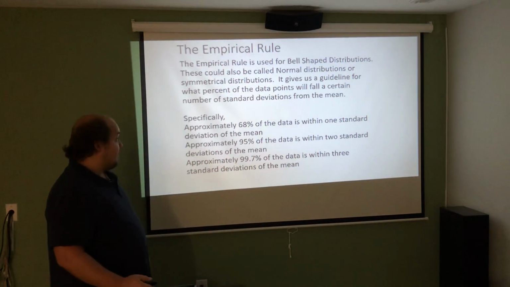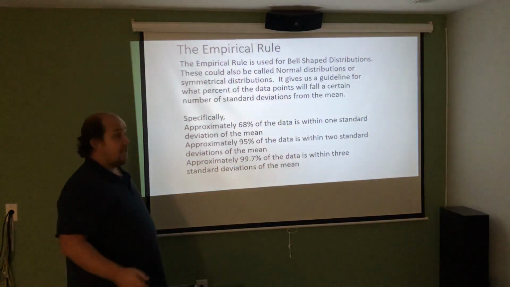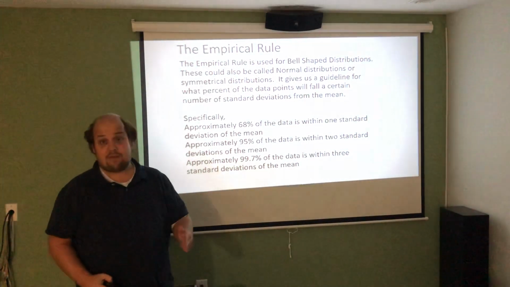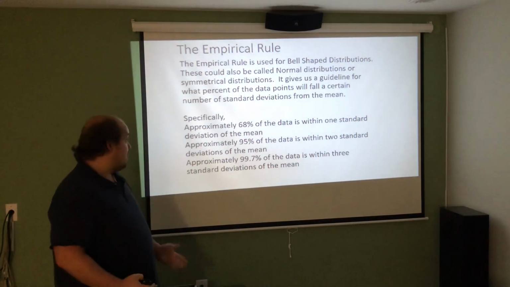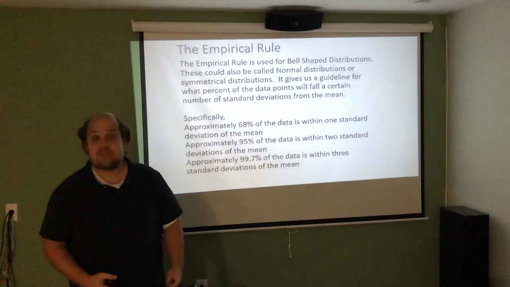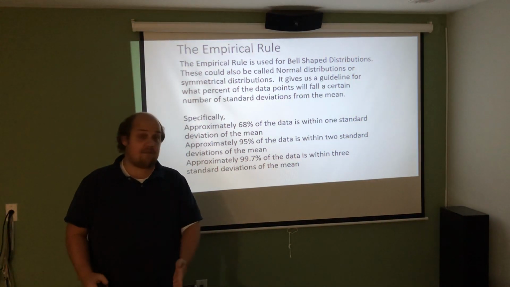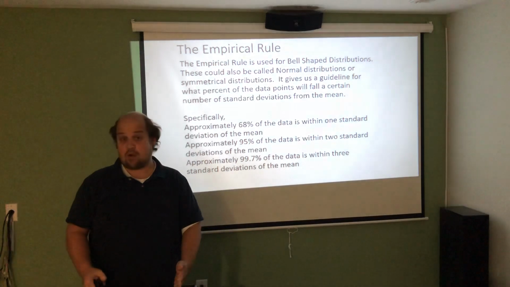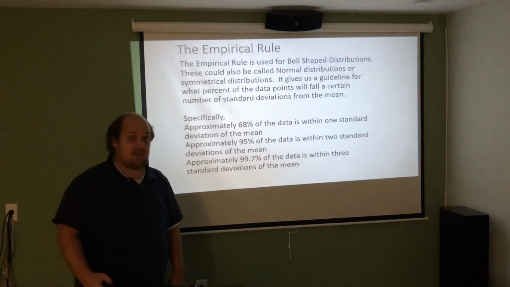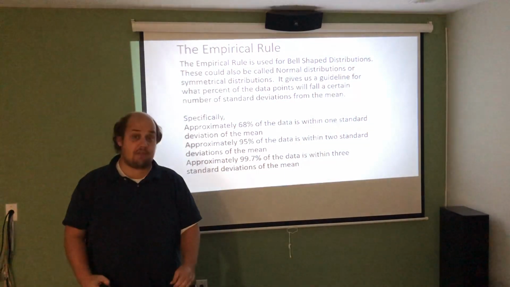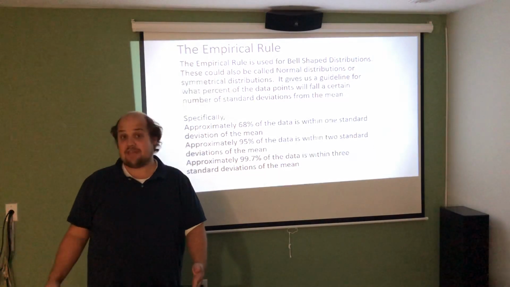If it followed a normal distribution, which it does, 68% of all American men would be between 5'7" and 6'1". If we went out to 2 standard deviations, 95% of American men are between 5'4" and 6'4". We could go even further and say 99.7% of American men are between 5'1" and 6'7".